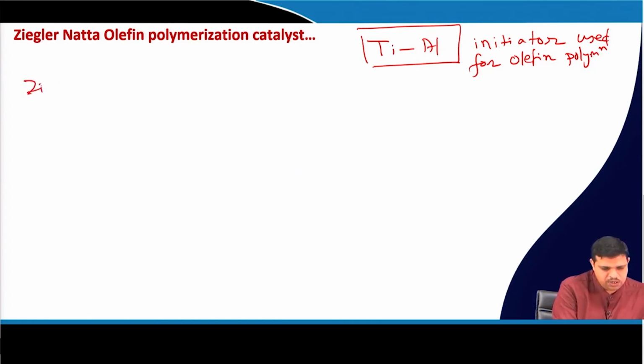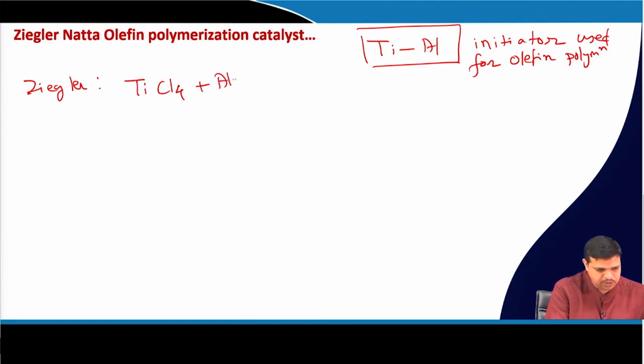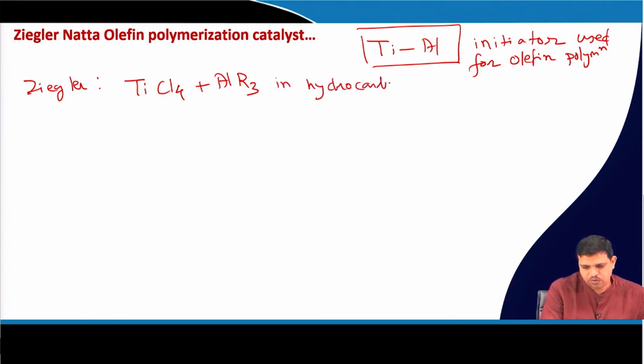So, Ziegler, what he did, he charged the TiCl4 with AlR3 in hydrocarbon solvent. Try to understand what I want to tell, because the answer is hidden. Hydrocarbon solvent. Okay. And then he did the polymerization, and he got the IPP polymer.